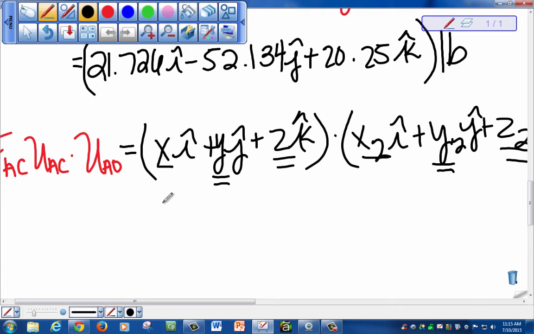So we're going to do the same thing with the unit vector that we just calculated from earlier and that new force that we calculated from the previous step.